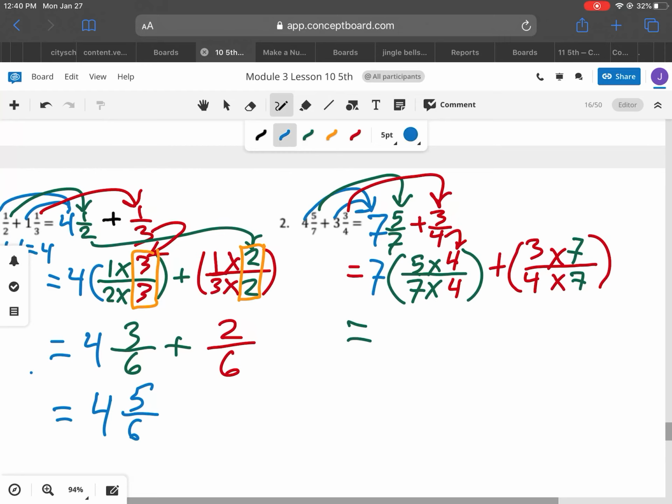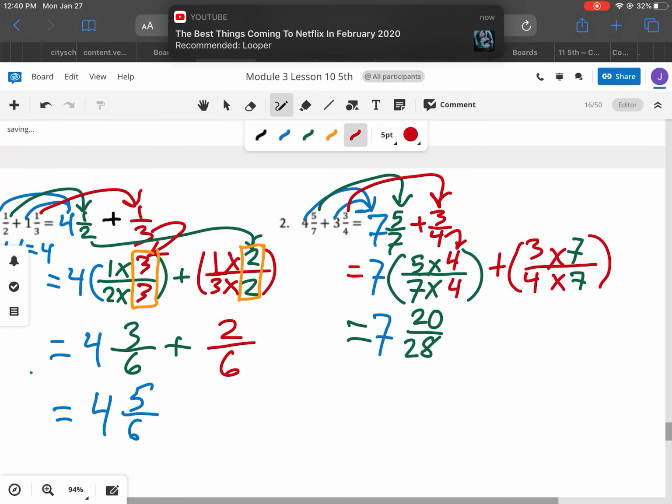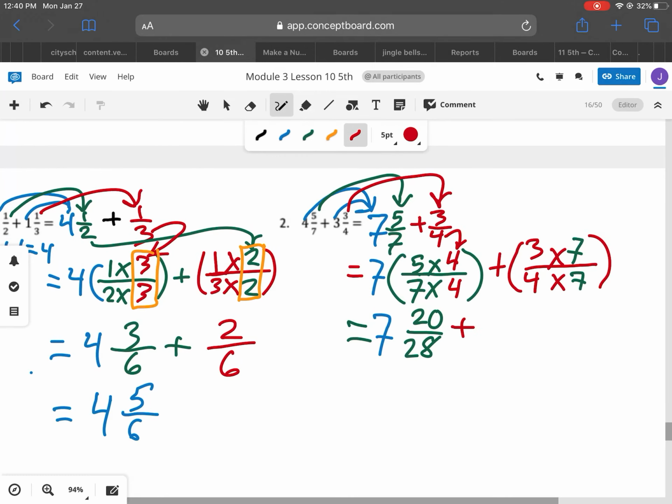Okay, so we still have our 7 here, and our new denominator is 7 times 4 is 28, and 5 times 4 is 20. Then we have 28 again on the bottom as our denominator. And 3 times 7 equals 21.